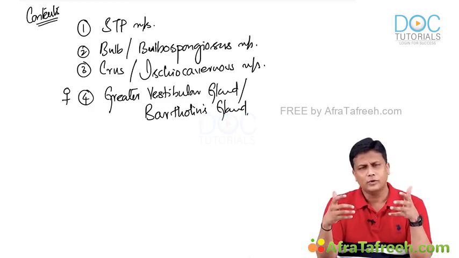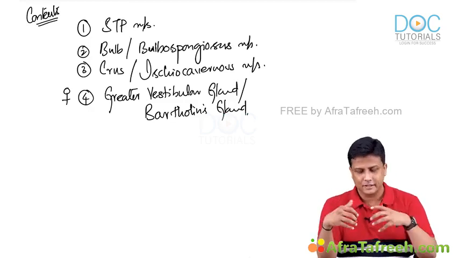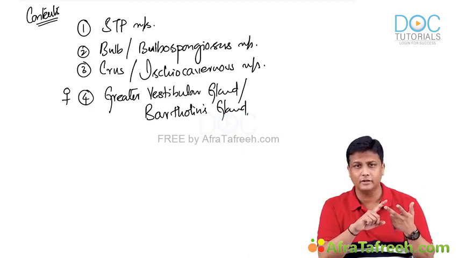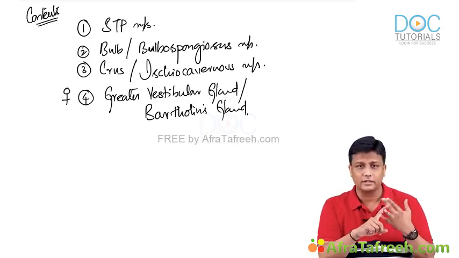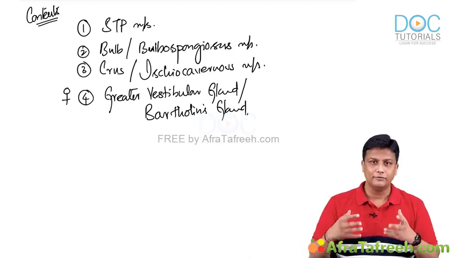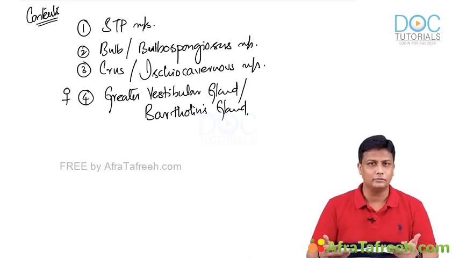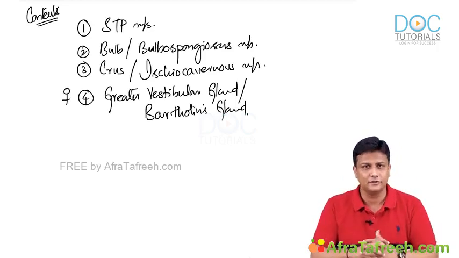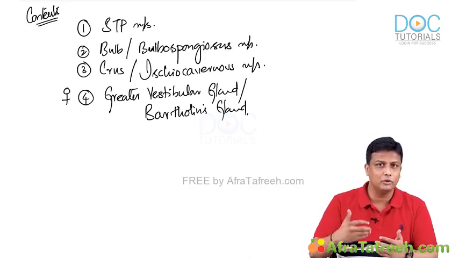And I don't want you to remember all of them. Why? Because, for example, you also have the pudendal nerve. You also have the internal pudendal artery and internal pudendal vein. And now we all know very well they are present in both the pouches. And if they are present in both the pouches, try to understand the mindset of the examiner. Will he ask you about the contents present in both the pouches?